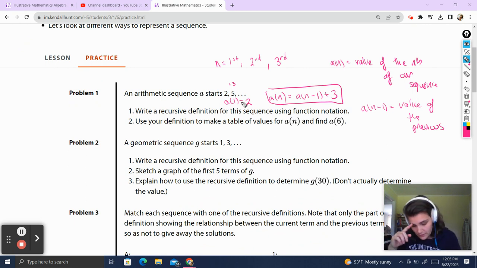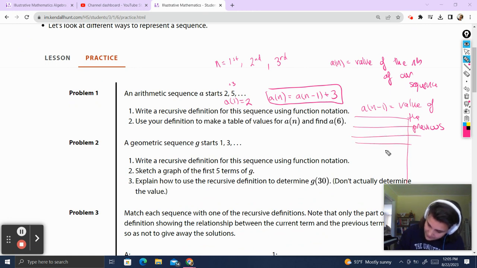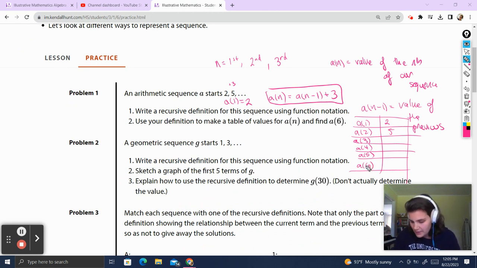2. Use your definition to make a table of values for A of n and find A of 6. So I'm going to make a very tiny table of values over here. And we're going to start with A of 1, which we already know is 2, A of 2, which we know is 5, A of 3, A of 4, A of 5, A of 6.